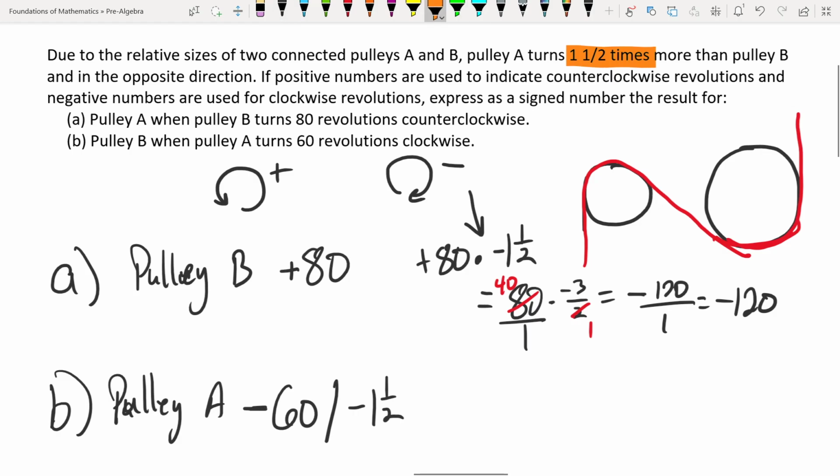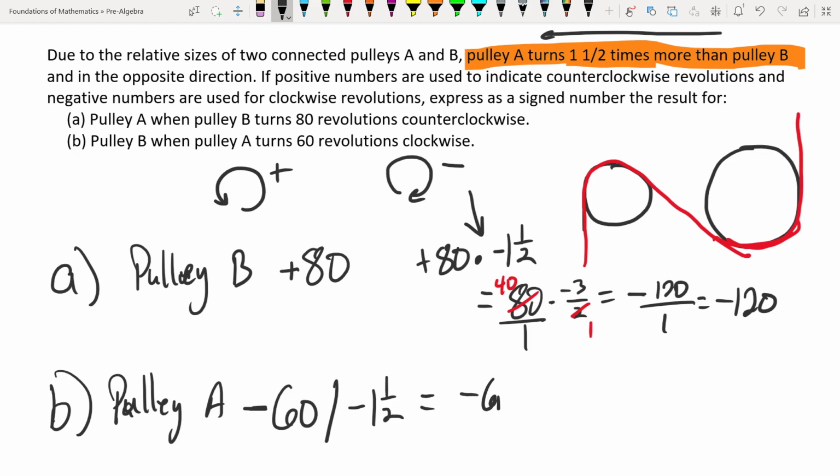The original orange thing says pulley A turns 1 1/2 times more than pulley B. So for the first operation, we had to do multiplication. To find pulley B instead of pulley A, we need to do the inverse operation, because we're now going this way rather than the forward direction. I hope that makes sense.